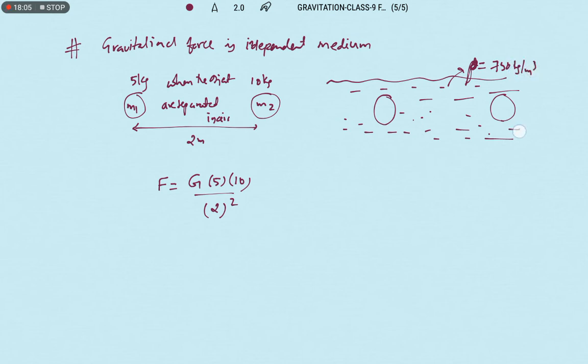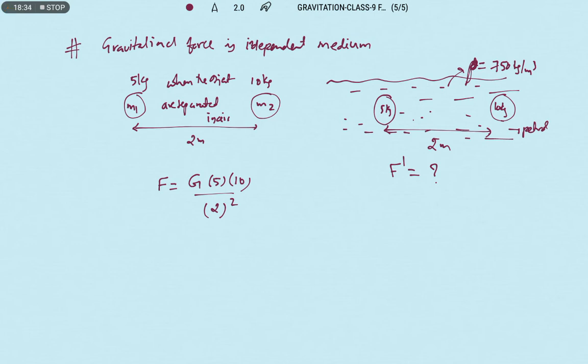Let us take that I am immersing this in petrol. Now the 5 kg, 10 kg and the distance between the bodies are also the same. Now they are going to ask what happens to the force of attraction between the two bodies. F dash is equal to how much? Generally we thought that the density of the liquid changes. Then what happens?